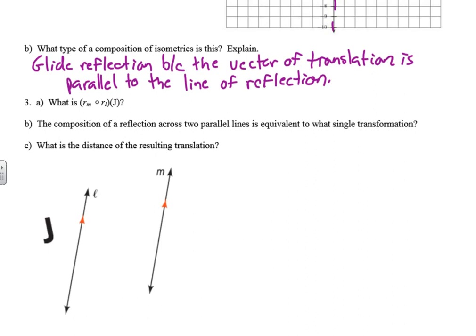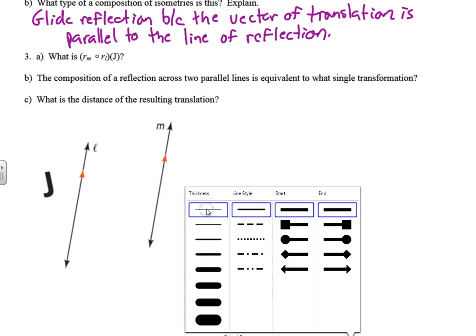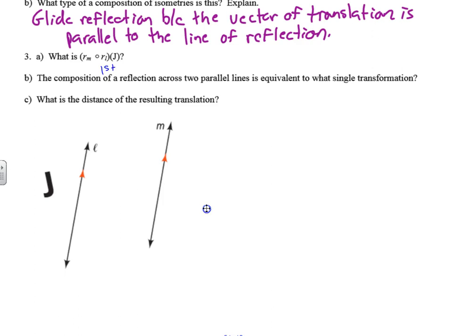Okay. 3. These ones are a little bit harder when they give you one and it's not on the coordinate plane. Okay, let's review though. What do we know? Okay, so we have lowercase r, that's a reflection. We're going to do this one first and this one second. Okay, so a reflection in the line M following a reflection in the line L of the letter J. Okay, so what is that?